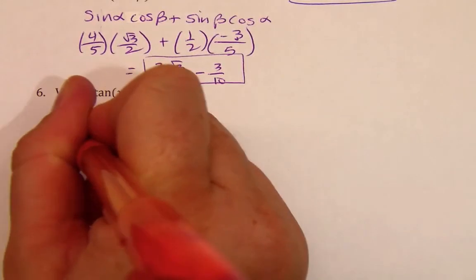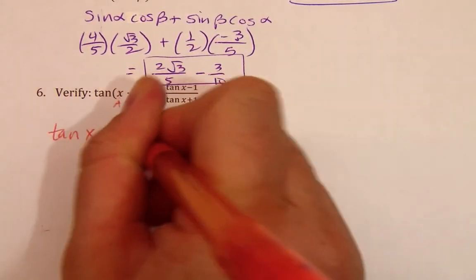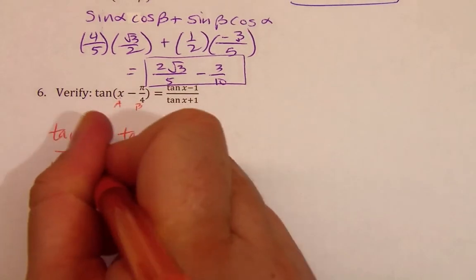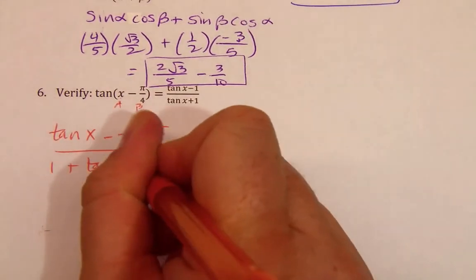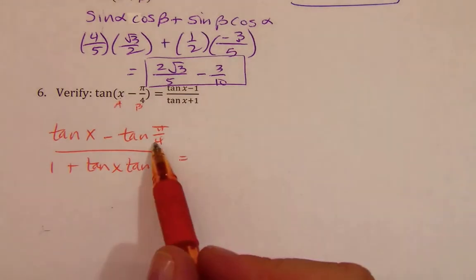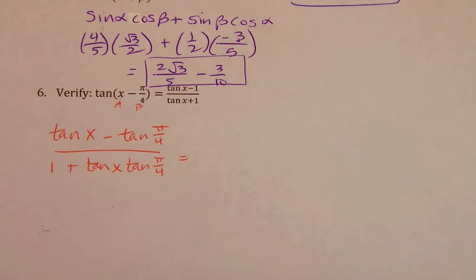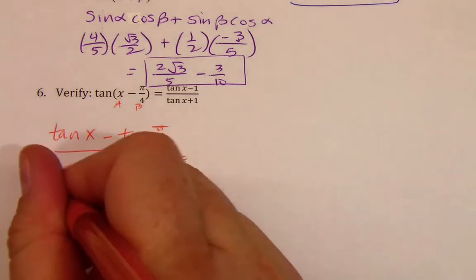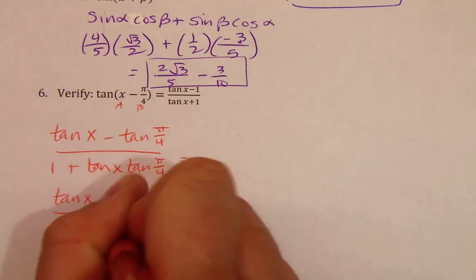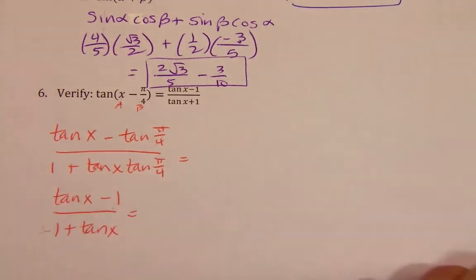So we have tangent of x minus tangent of pi over 4 over 1 plus tangent of x tangent of pi over 4. Well, tangent of pi over 4 is 1, so we can substitute those in. We get tangent of x minus 1 over 1 plus tangent of x times 1, which is just tangent of x.